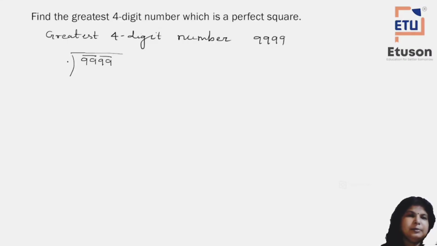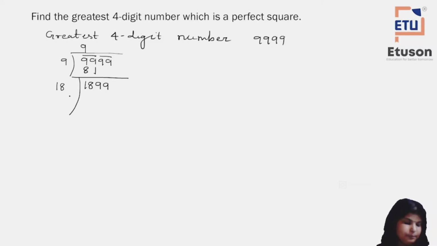Then you take a number whose square is less than 99. So you took 9 here and you wrote 9 here. You get 81 and your remainder will be 18. You have to get this 99 below, and this is your new dividend, and your new divisor will be 9 into 2, that is 18 with a blank there.